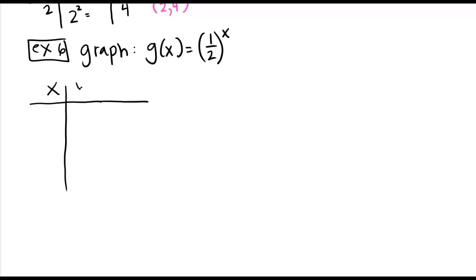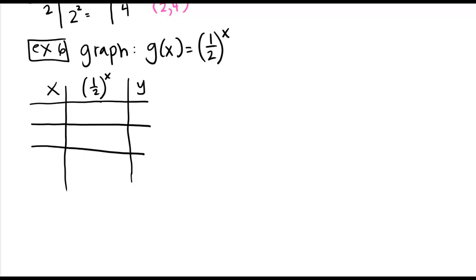But if it's helpful, I can make a little workspace in between here. Some people find that helpful, and then they just put what they're putting their x into. All right, so what would be the first point I would like to pick for my x?